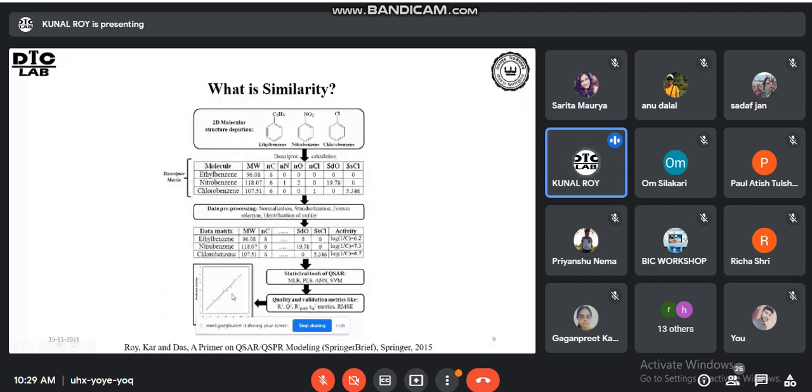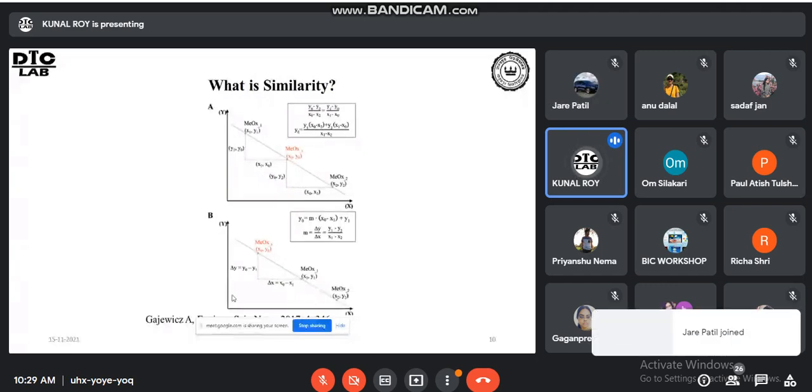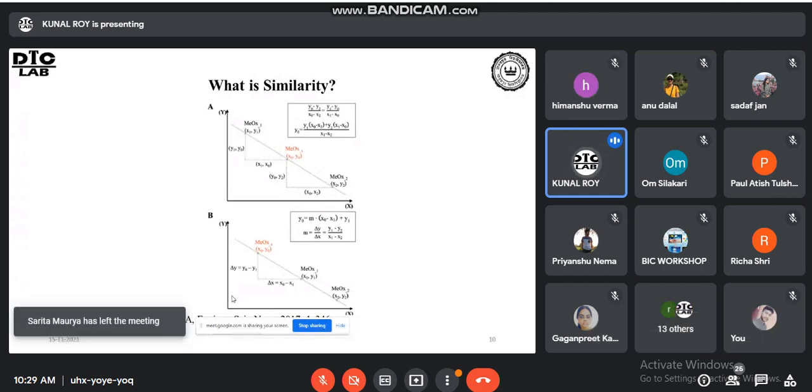Now, how is this similarity measured? If we have only one determinant, the task becomes easier. We can use a graphical method like this, where we have the target compound and we have source compounds.